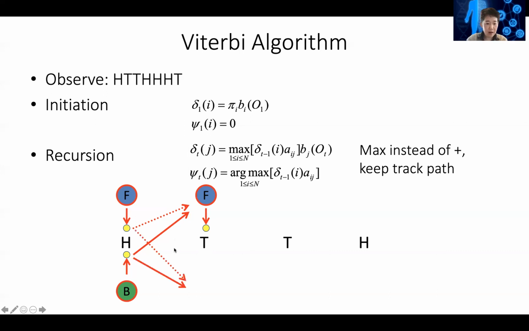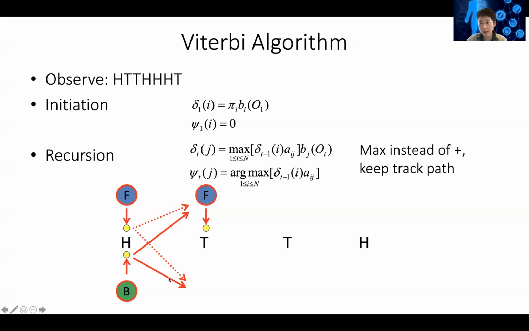Same thing here. We compare the probability of getting here from the fair coin, which will be this delta number multiplied by the transition probability from fair to bias, with using a bias coin here and transitioning from bias to bias, so this delta number multiplied by this transition probability.